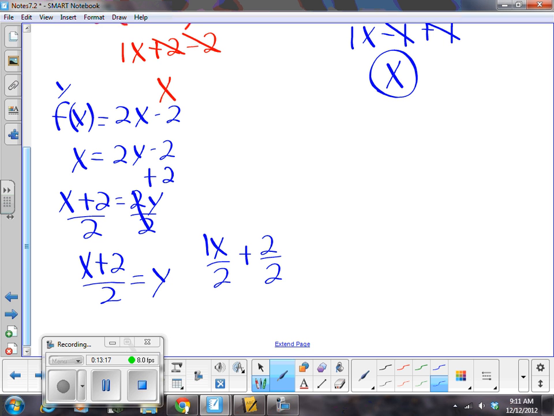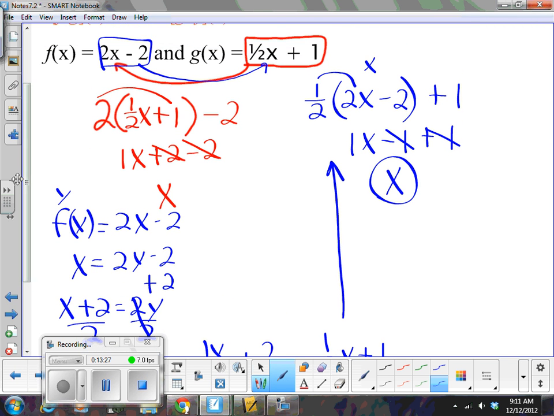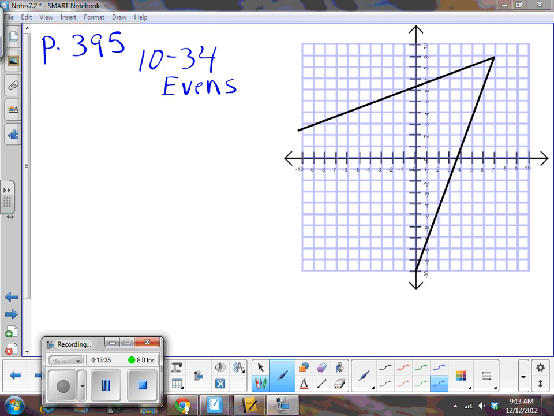There's your 1/2, and what's that going to turn into? So it does turn into 1/2 x plus 1, just like that one did up there. See? 1/2 x plus 1. So it does turn into it. And we already knew that it had to somehow, because we knew they were inverse of each other. Did you find it? Yeah.